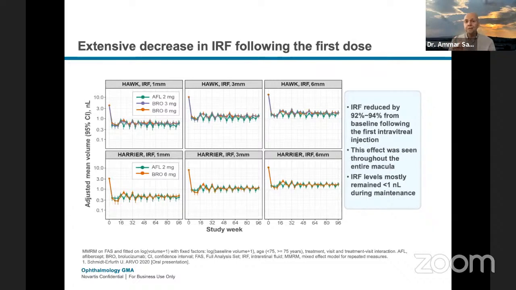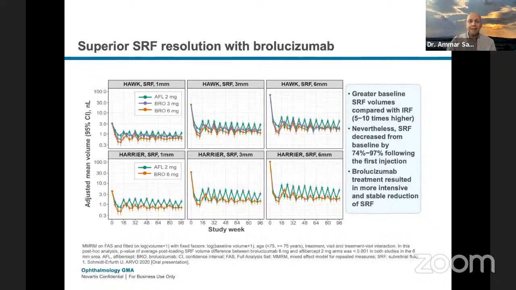This is looking at intraretinal fluid. So looking at the fluid that is the worst type of fluid, as we discussed earlier, you can see that they are both very effective when you give the very first dose. If you look at the subretinal fluid, you start to see some variation between the brolucizumab and the aflibercept, and you start also seeing a little bit of that seesaw that we are familiar with aflibercept, that variation, which we have already established is not really a very good thing to have.